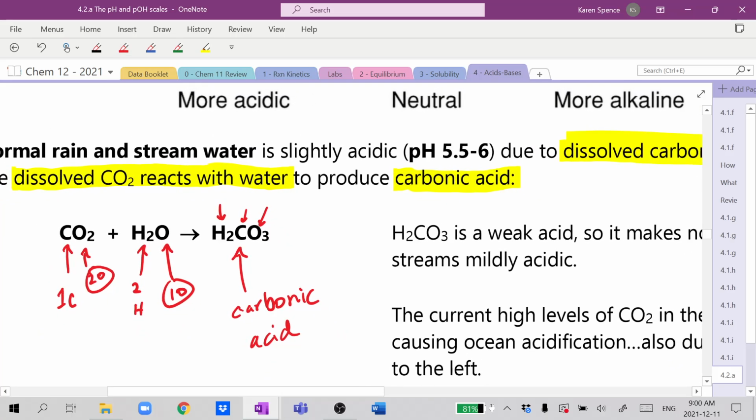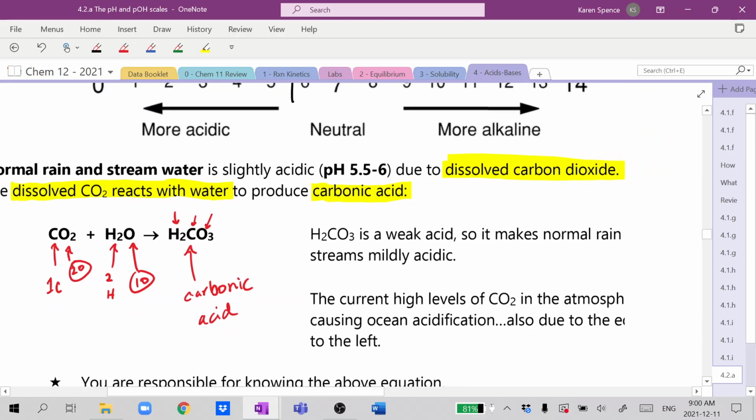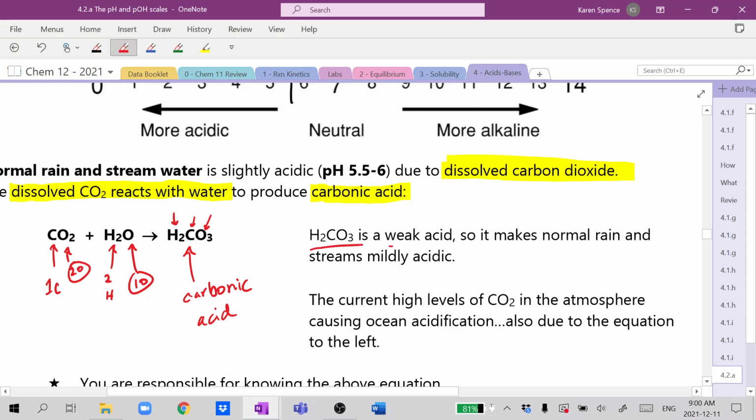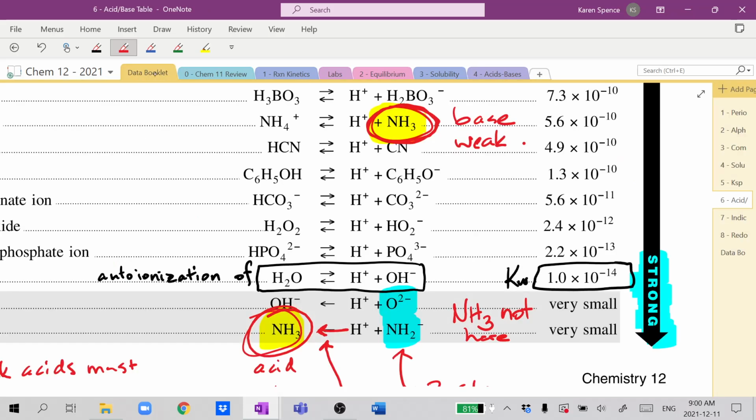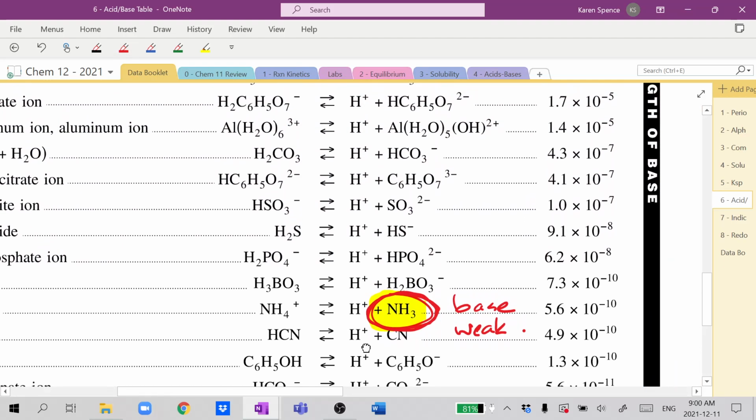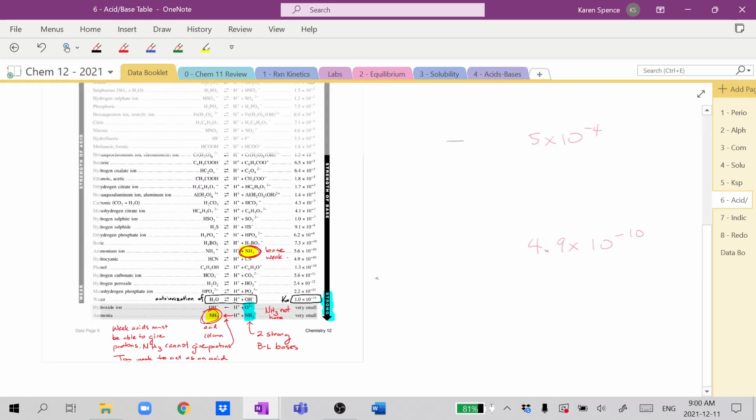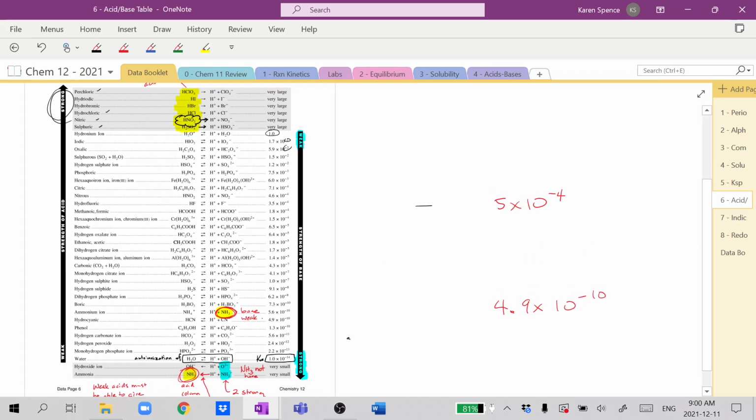Okay, so this dissolved carbonic acid is why the streams are mildly acidic. H2CO3 is a weak acid, so this is why streams and rainwater are only mildly acidic. If we go to our data booklet and look up carbonic acid, H2CO3, there it is, near the middle but lower than the middle.